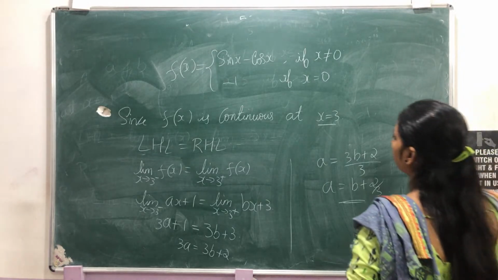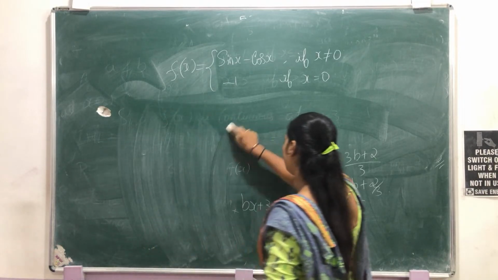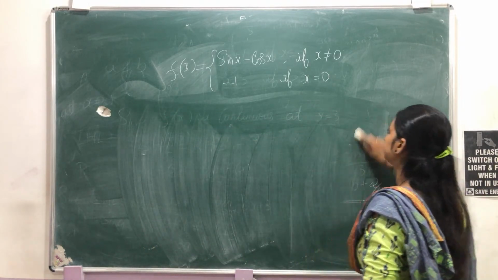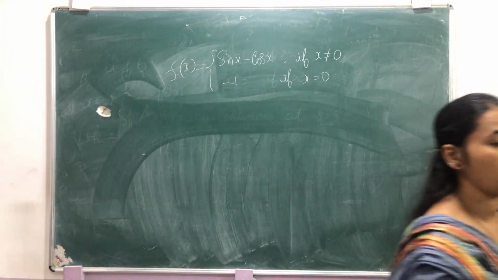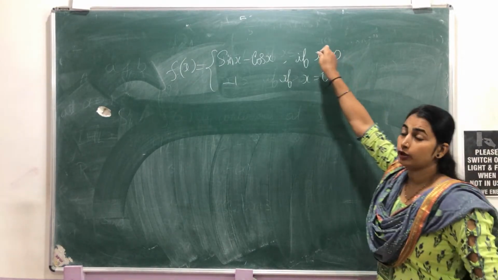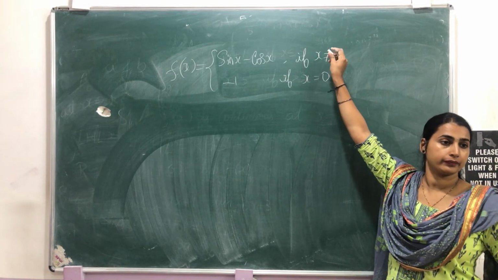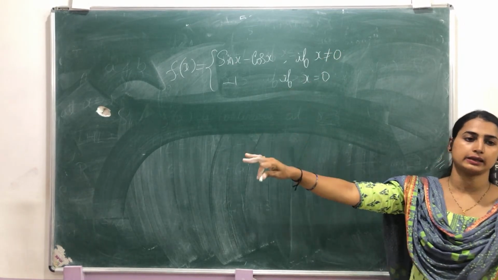We are going to check whether the given function f of x is continuous or not. What is the point given? 0. What do you mean by not equal to 0? Either less than 0 or greater than 0, but not exactly 0.